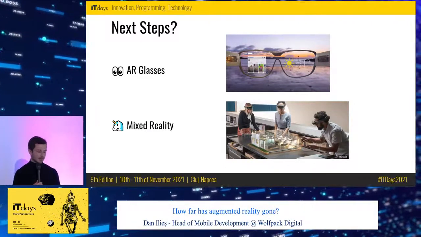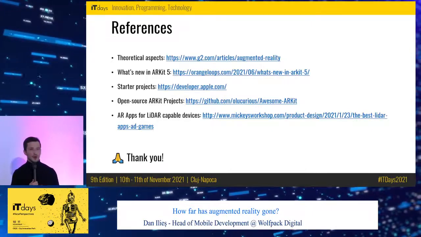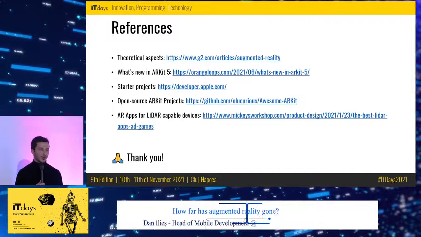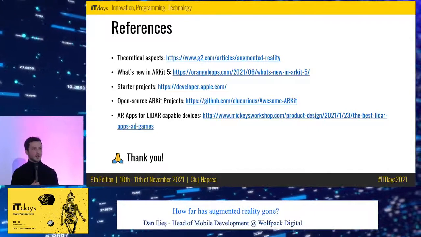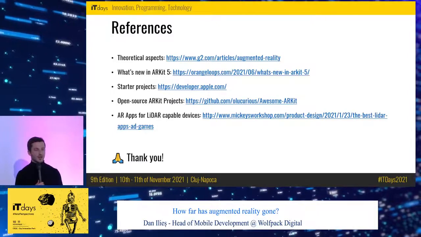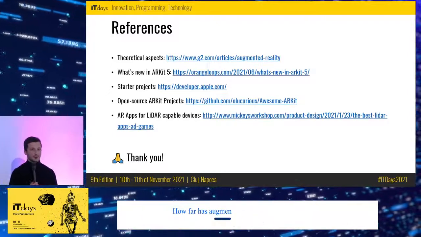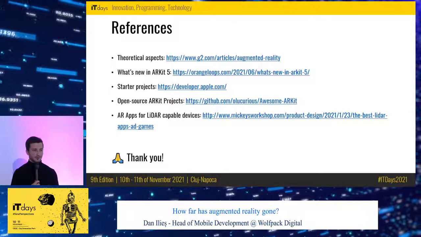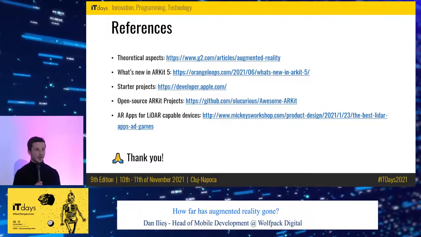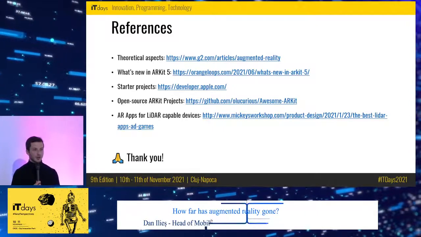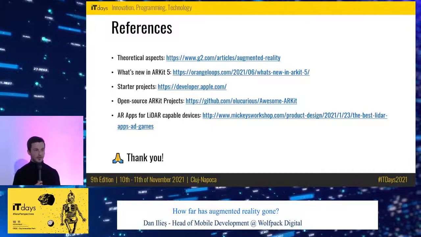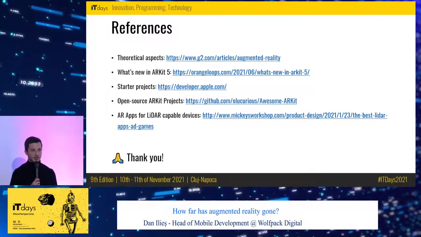And yeah, if you want to read more about this, you can check some theoretical aspects on g2.com. Then on auriloops.com you have articles for each version of ARKit and what was added with each new version. If you want to try some projects yourself, you can start from developer.apple.com, download their starter projects and start from there, and you'll see how you can change and work with them.